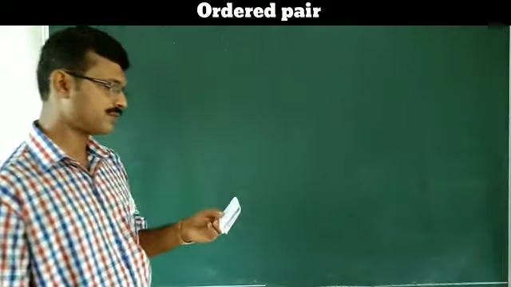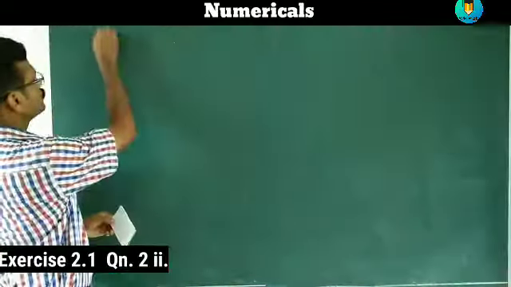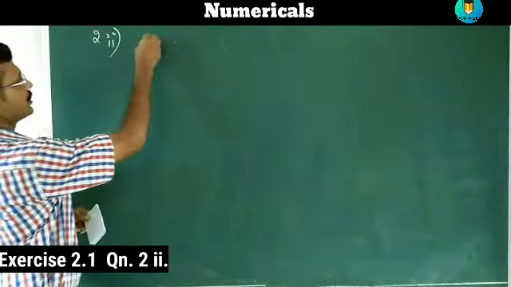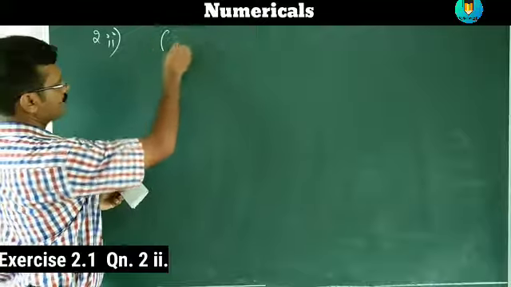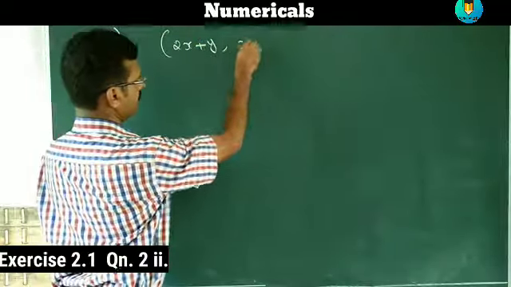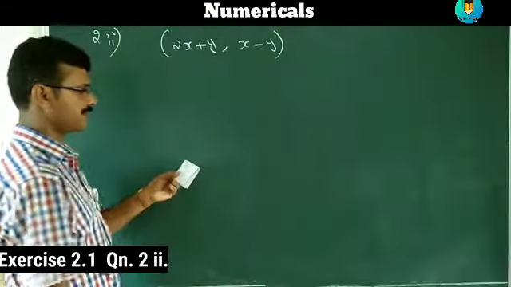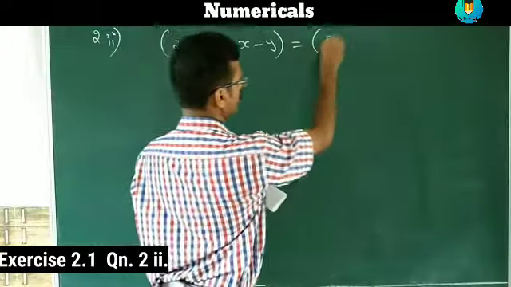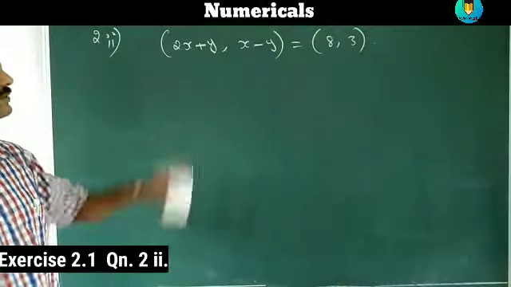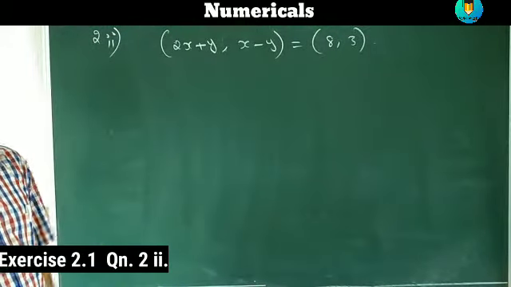So in exercise 2.1, first of all we will do question number 2, second part. The question is, we have to solve: it is given an ordered pair (2x + y, x - y), equal to another ordered pair. We have to find the values of x and y.